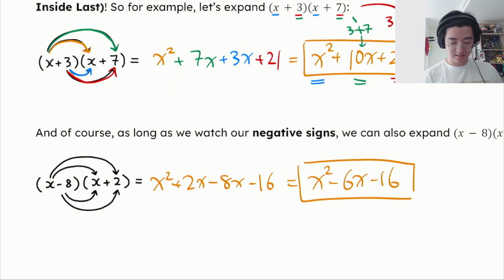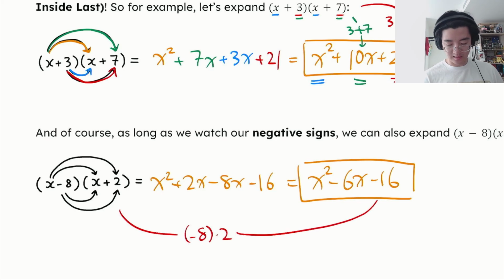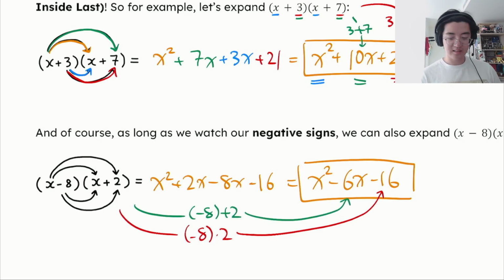Once again, the negative 8 times the 2 is the last term, and negative 8 plus 2 is the middle term. So the last term is this times this, and the middle term is this plus this.